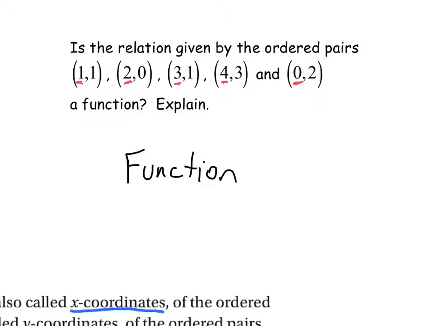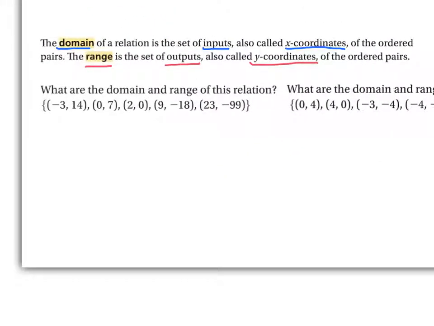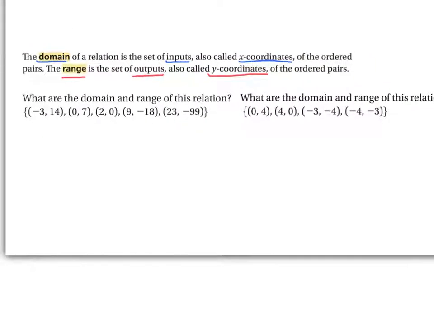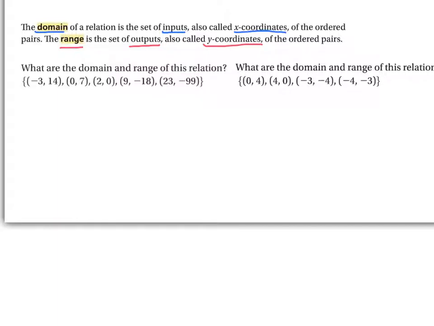Okay, so let's then talk about domain and range some more. So we've decided whether or not we have functions or not, but even if we have things that are not functions, any relation has a domain and a range, okay? That's not specific to just functions. Every relation has a domain and a range.